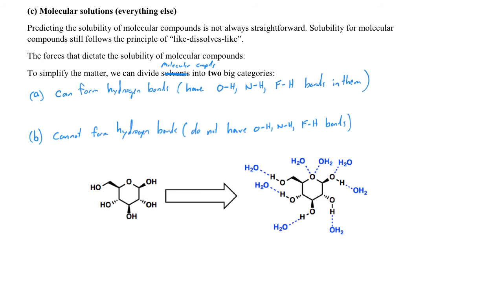We know how to look at a molecule and determine if it has hydrogen bonds or not, so that part's easy. Molecules that form hydrogen bonds are a lot like water, because water also forms hydrogen bonds. So if a molecular compound can form hydrogen bonds, it's more likely to be soluble in water. Molecular compounds that cannot form hydrogen bonds are less likely to be soluble in water.